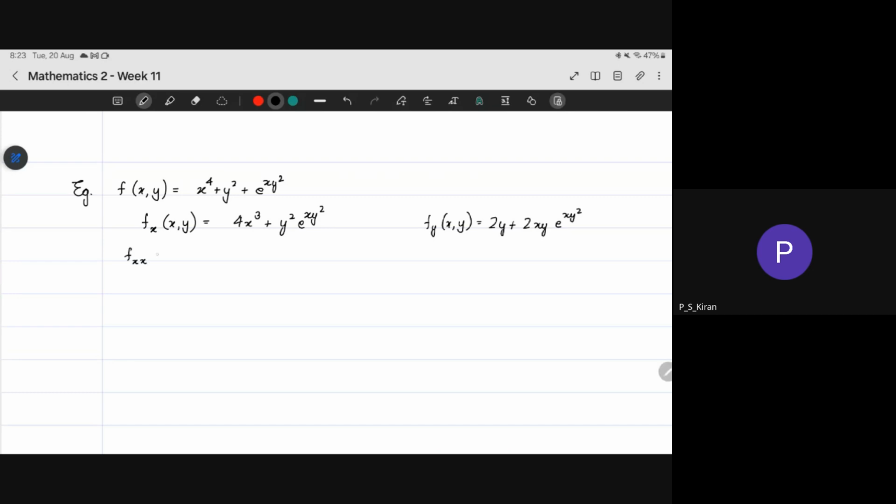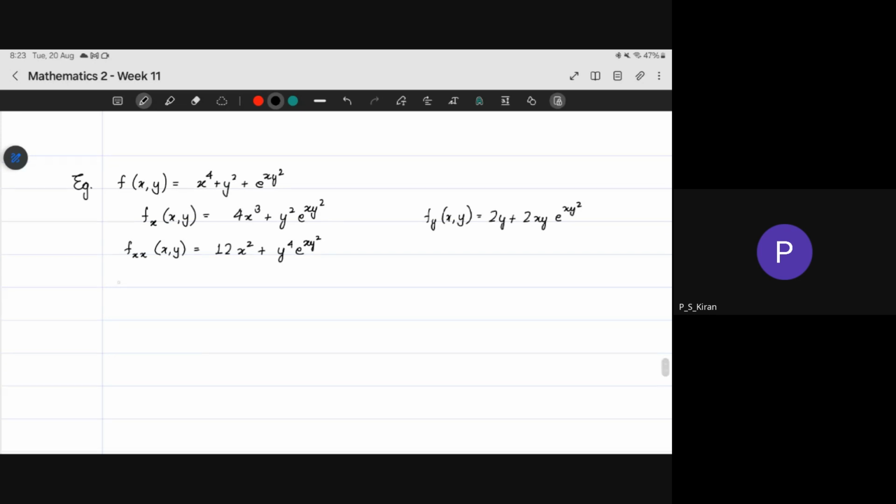So then the second order x derivative is 12x squared plus y to the 4 e to the xy squared. Treat y as constant and differentiate.